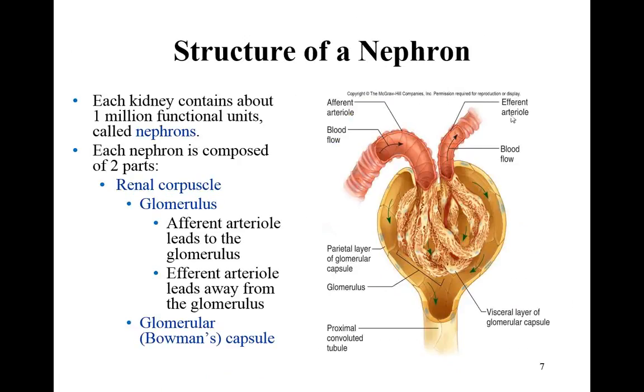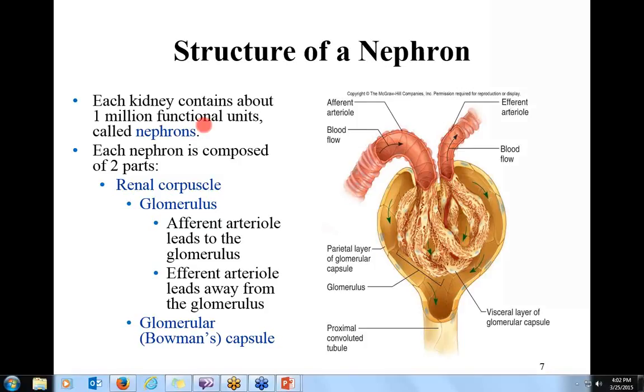Now let's talk more about the structure of the nephron. Each kidney has about 1 million nephrons, and there's two parts: the corpuscle, which is the glomerulus, the capillary ball, and that is right here.